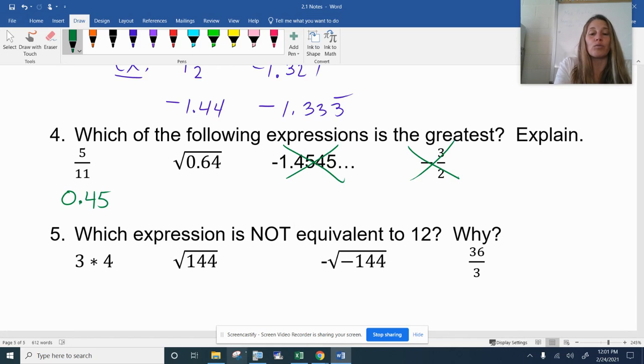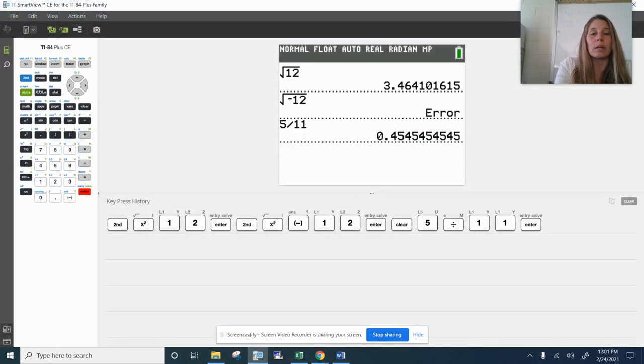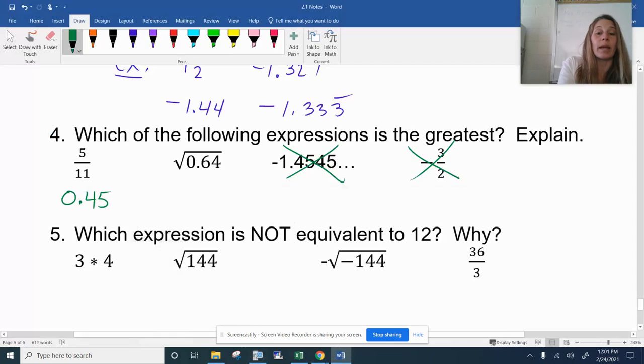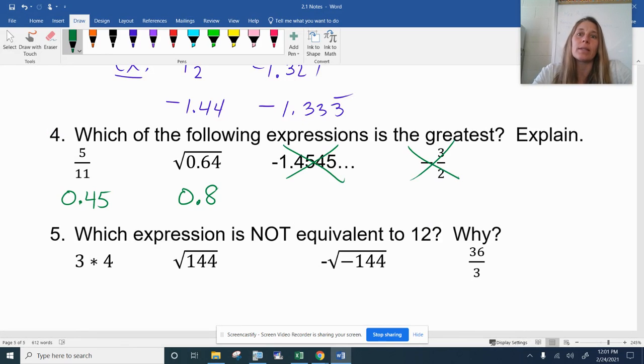And now I'm going to put this radical in the calculator, square root of 0.64, and that's 0.8. So notice once I put those both into that decimal form, it was much easier to see which one is larger or the greatest, and it would definitely be this one here.